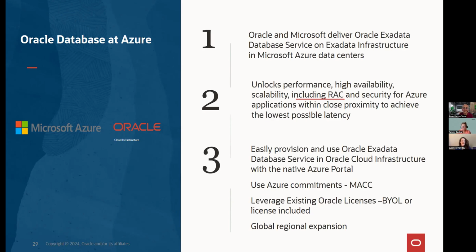So how many licenses you use on compute versus how many you use on the Exadata platform is a little bit different. And in addition to that, now we also have Autonomous Oracle Database at Azure.